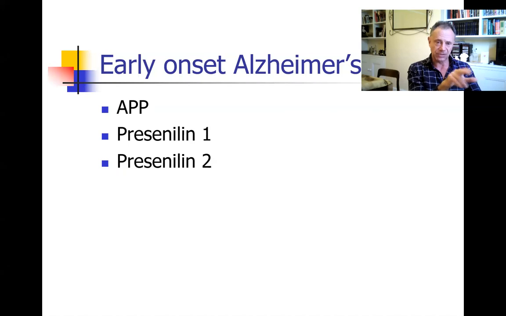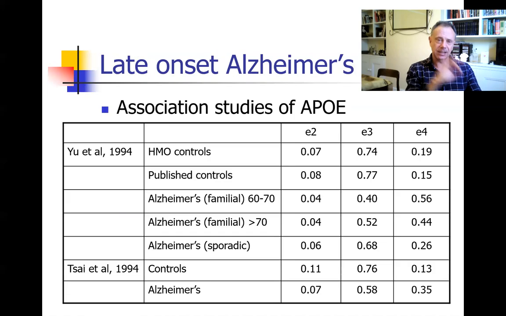Actually, there's a little bit of suggestion that other variants coming out now in presenilin-2 can influence risk of late onset disease, but basically we'll park that. Late onset Alzheimer's disease is only moderately genetic, not caused by and large by mutations in those other three genes, but with a big effect from allelic variations in a different gene called ApoE, which codes for apolipoprotein E.